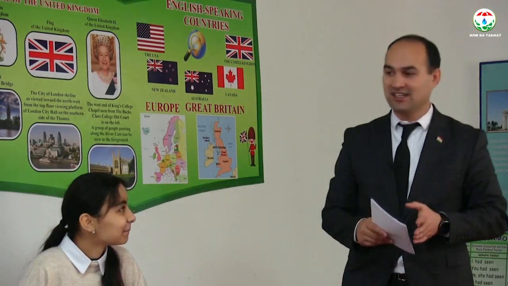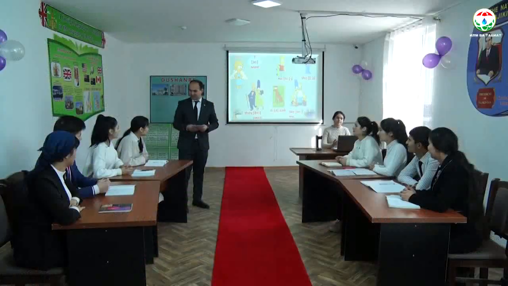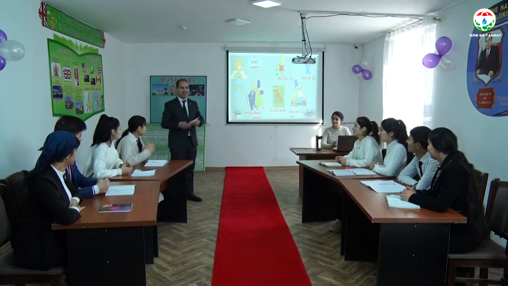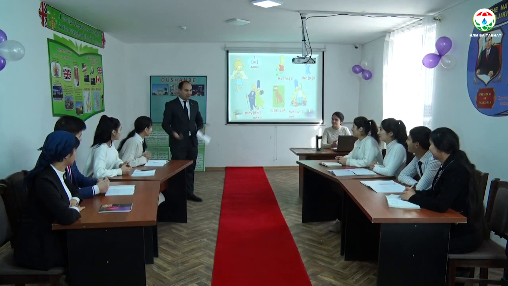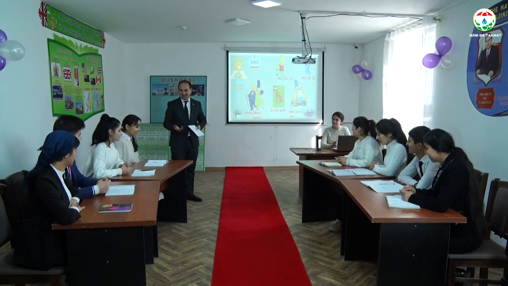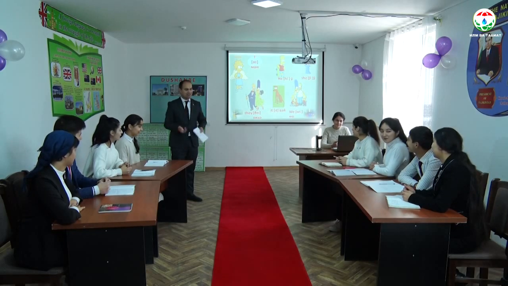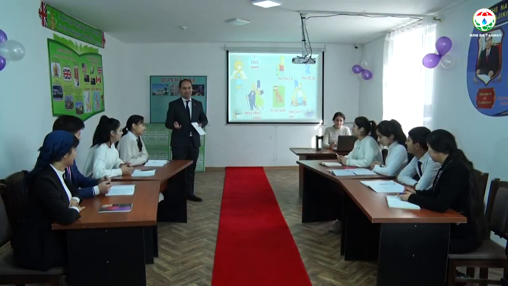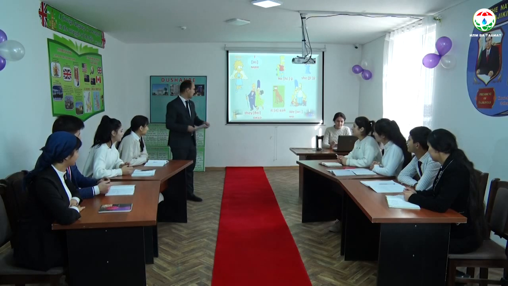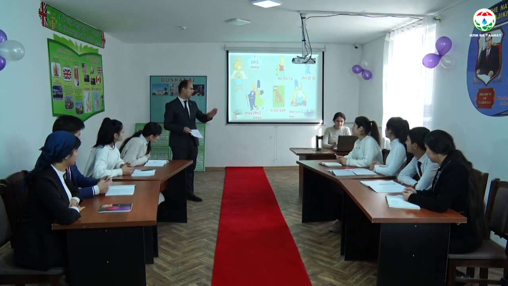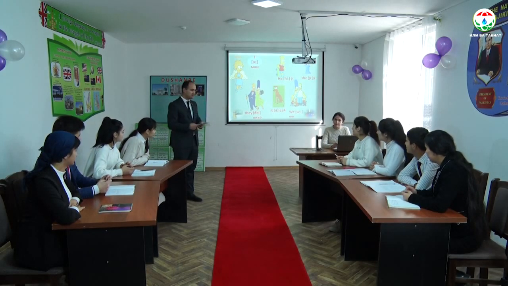So, about they. Tell me. They are my best students. They are very active, yes? They are very beautiful, the smartest in our college. Thank you. So, give me some examples about they.